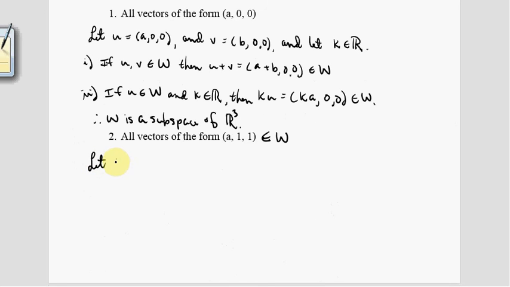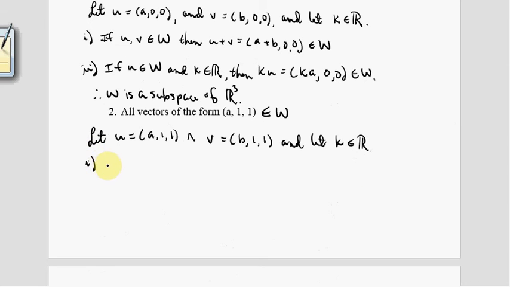So here, let U be A, 1, 1, and V equal B, 1, 1, and let K be some real number. Then U plus V is equal to A plus B, comma 2, comma 2. Uh-oh, this is not in W, because W is set to be of this form.